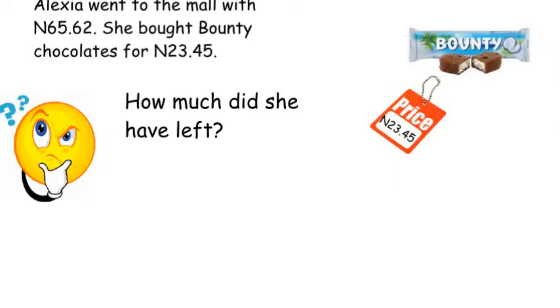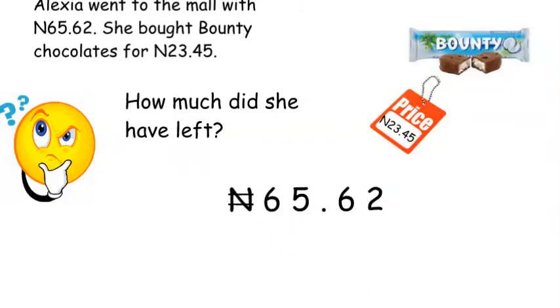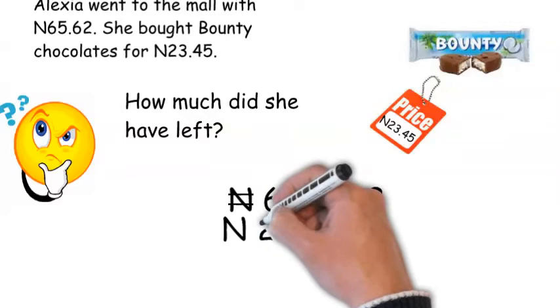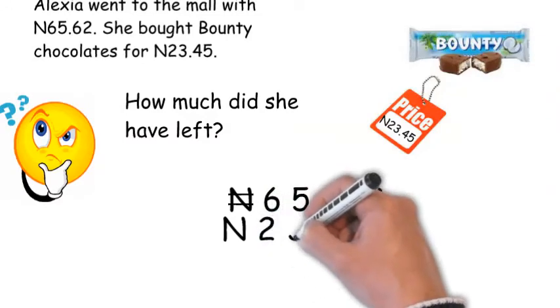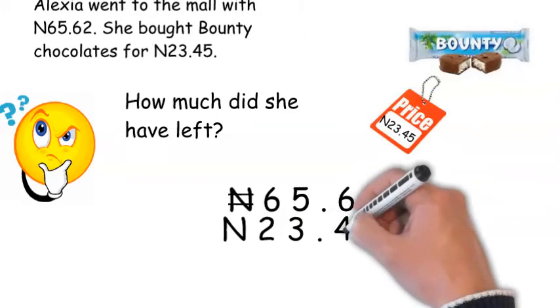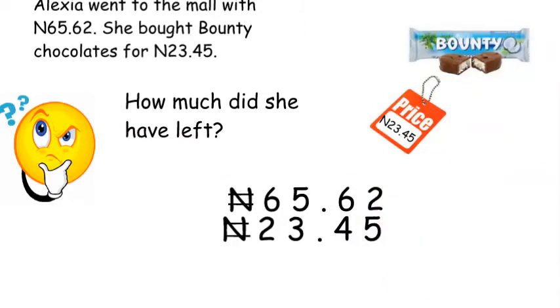Now let's calculate. We have to arrange them first. The bigger number comes first, 65 naira 62 kobo, and underneath we have the smaller number, 23 naira 45 kobo. The keyword says left. How many do we have left? Which says you are subtracting.